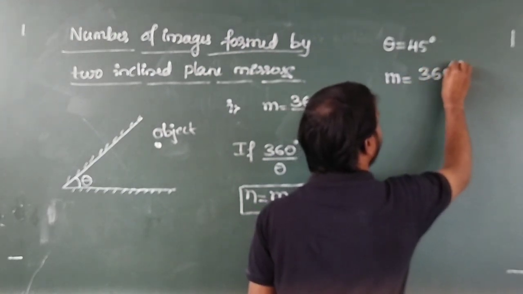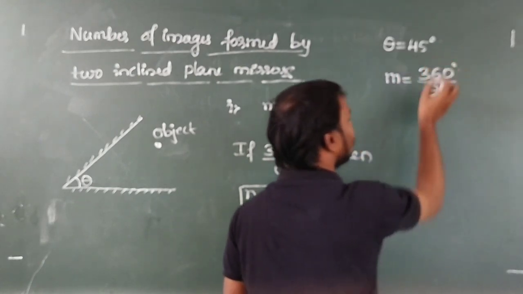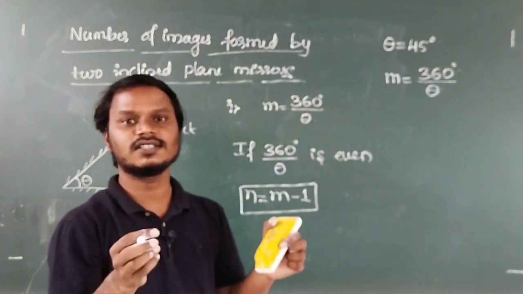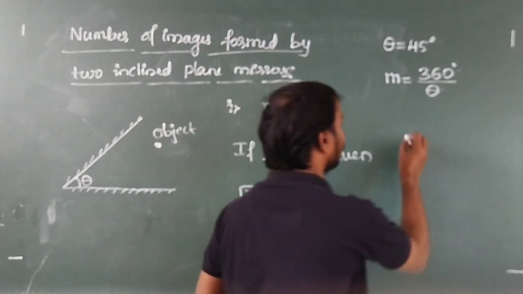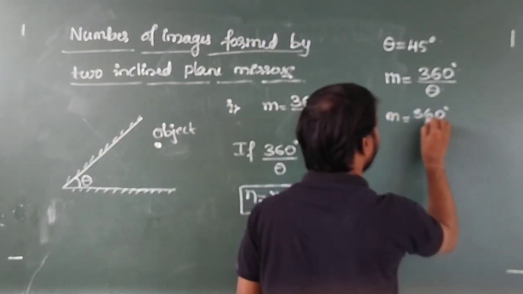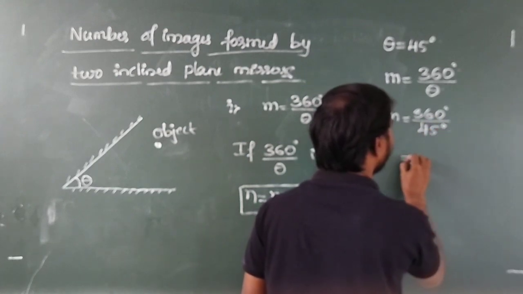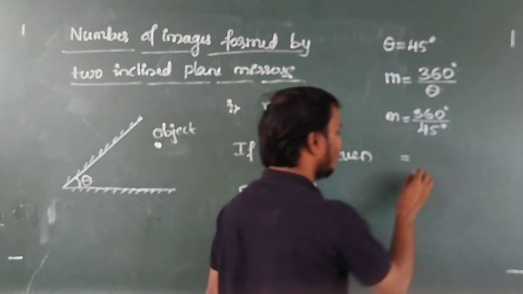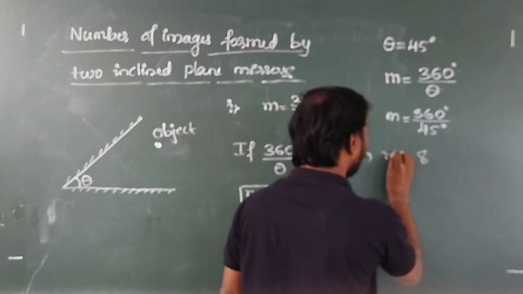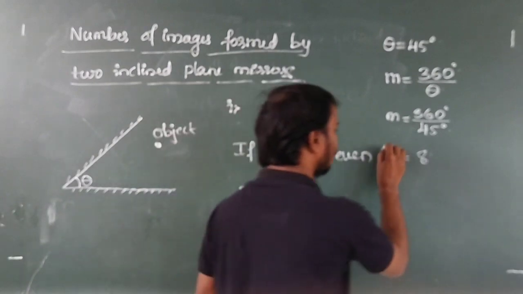If the two plane mirrors are inclined to each other with an angle 45 degree, then m is equal to 360 degree divided by 45 degree, that is 8. 8 is an even number.